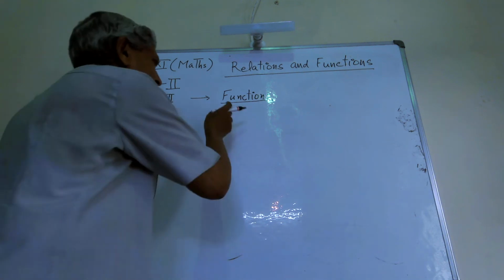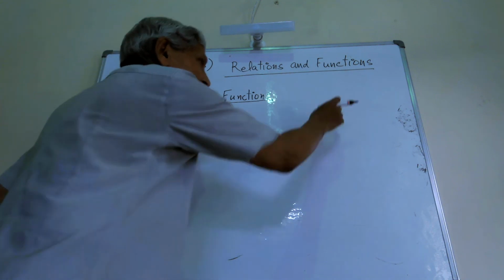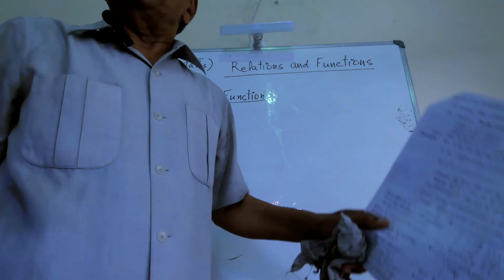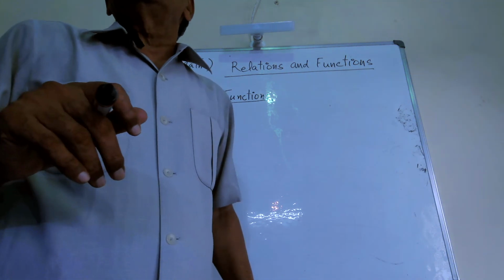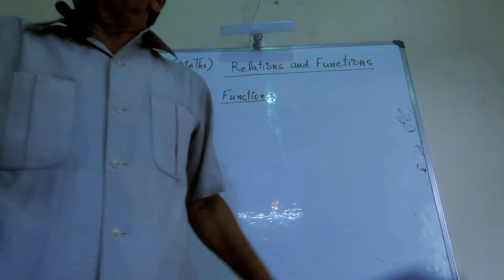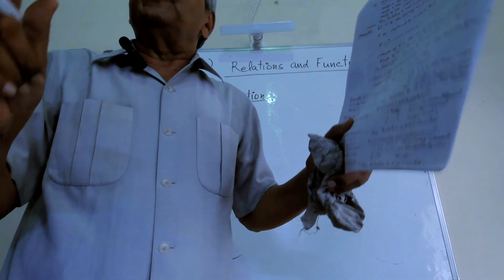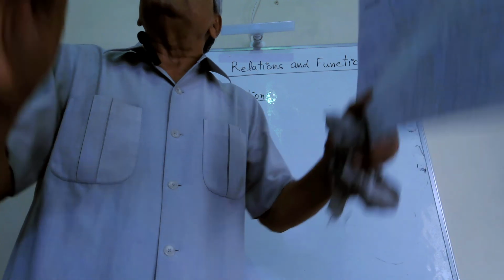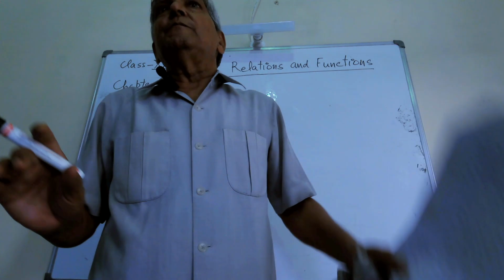Second, every element of A should have one and only one image in B. Having an image is one thing, but one and only one image is the second condition. So you have to check these 2 conditions. In any relation, if you find these 2 conditions fulfilled, then that relation is a function. Otherwise, that relation is not a function.